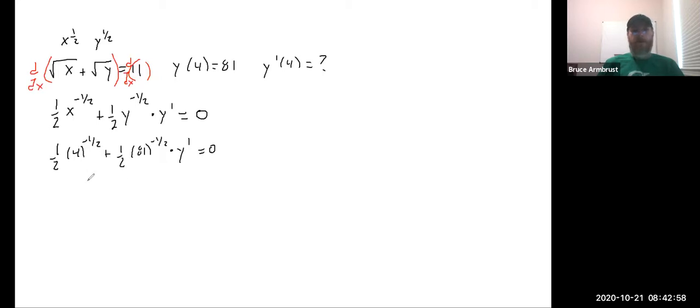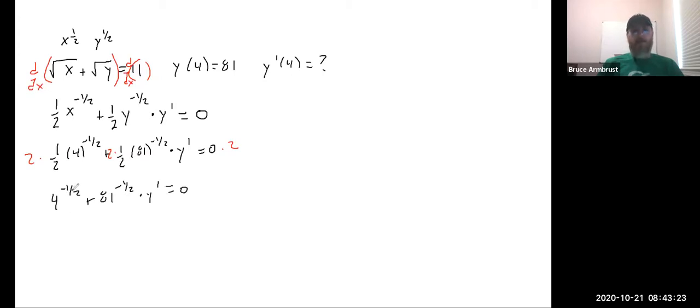All right, so now we need to calculate this stuff. First things first, I'm going to multiply everything by 2, because if I multiply everything by 2, that's going to get rid of those halves. So I've got 4 to the minus 1/2 plus 81 to the minus 1/2 times y prime equals 0.